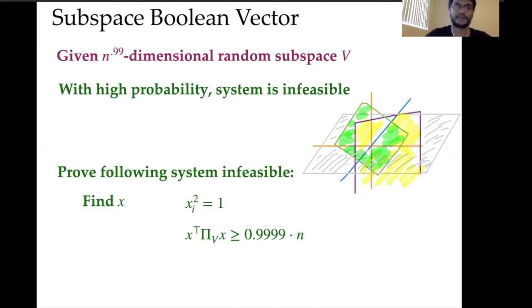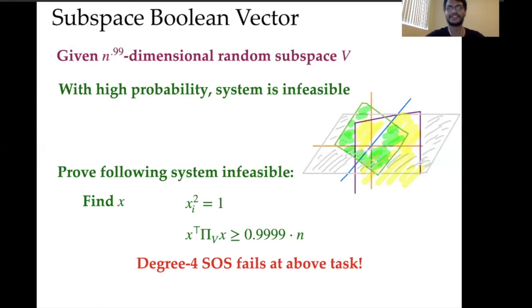It's not that hard to show that with high probability, this system is going to be infeasible. The thing is, degree-4 sum of squares fails to prove that the system is infeasible. So in some sense, it thinks the system is feasible and that there is a Boolean vector with very large projection onto the subspace.